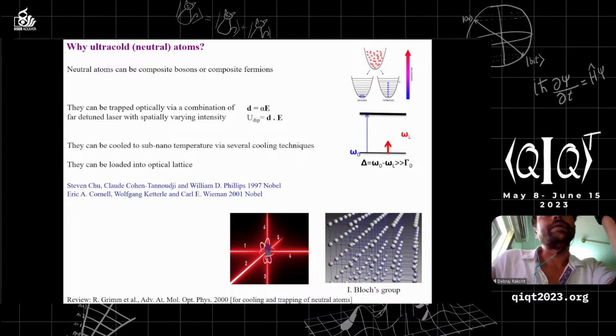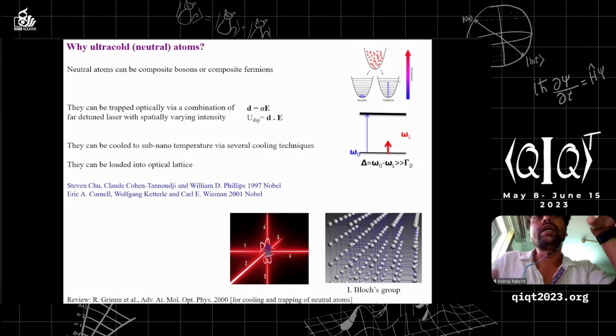What happens is that when you shine light on these neutral atoms, it induces a dipole moment on the atom, and this dipole moment in turn interacts with the electric field of the laser.